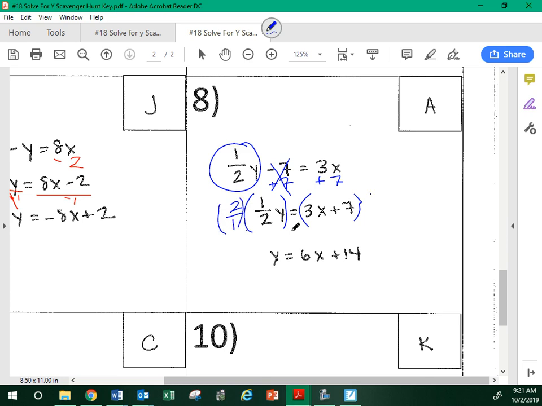And over here, 2 over 1. What's 2 over 1? It's just 2. So I'm really just multiplying by 2. 2 times 1/2, if you put that in your calculator, that's 1y. So that's how we get just the y. And then again, we can distribute over here. 3 times 2 over 1 gives us 6x. And then 7 times 2 over 1 gives us positive 14.